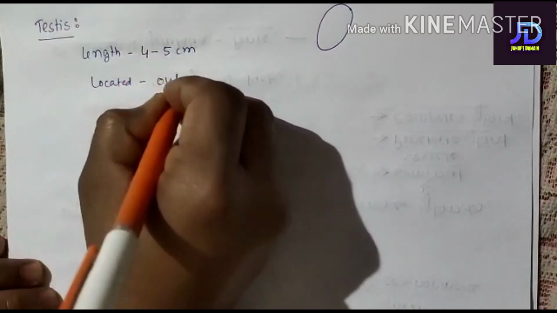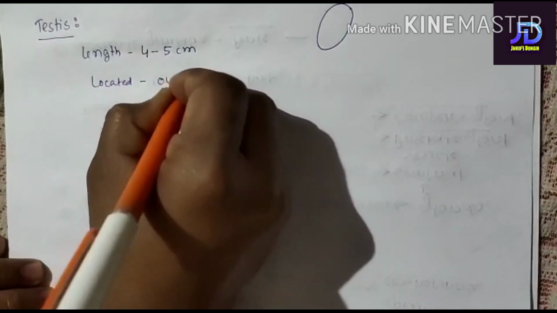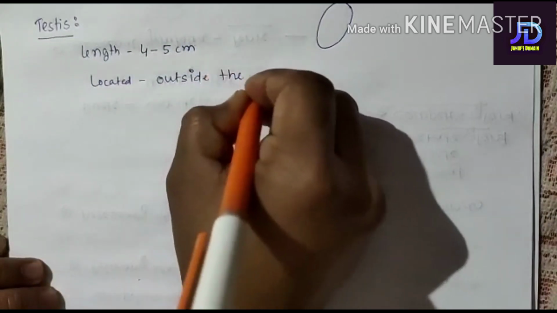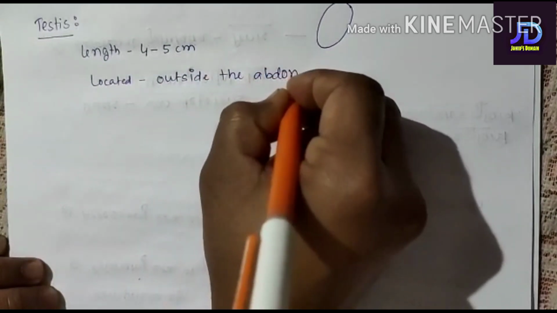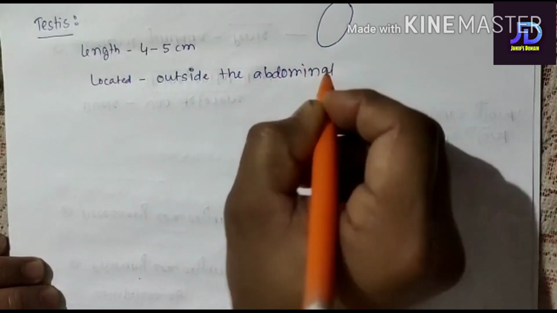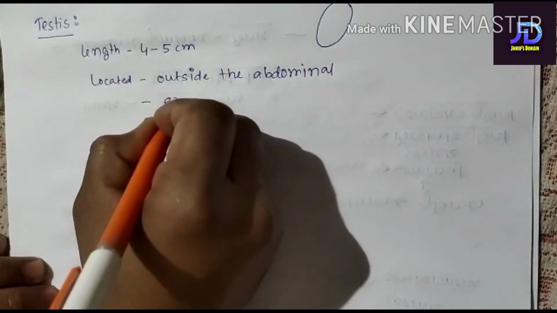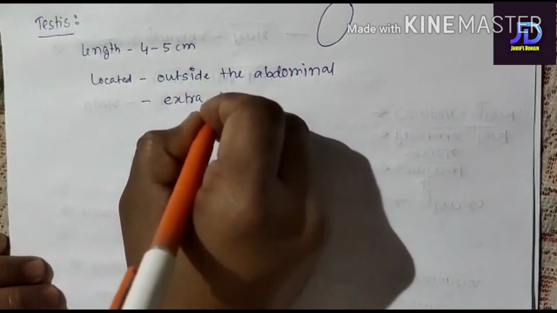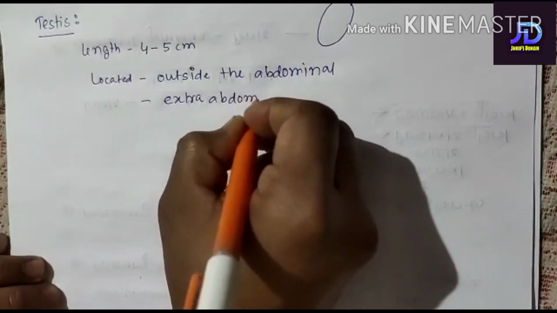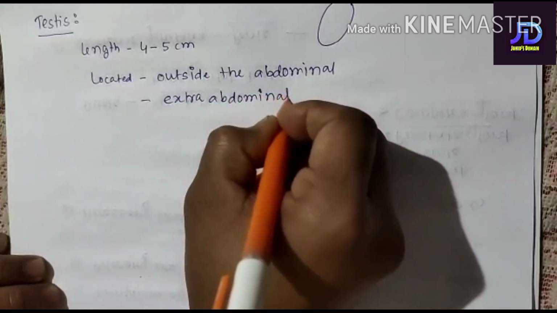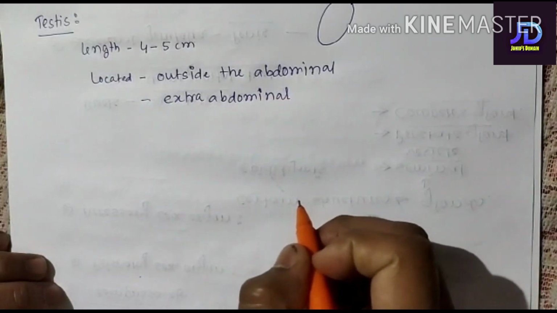These testes are located outside the abdominal cavity, which means they can be called extra-abdominal.